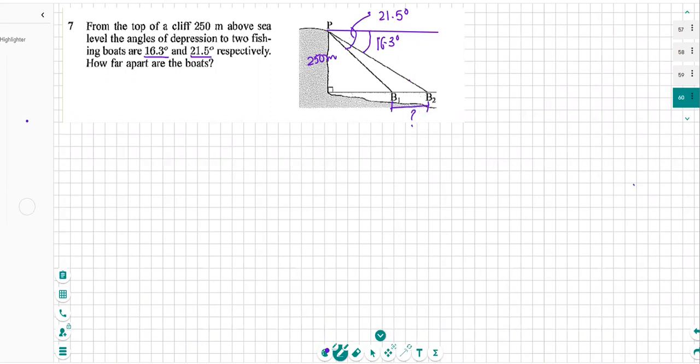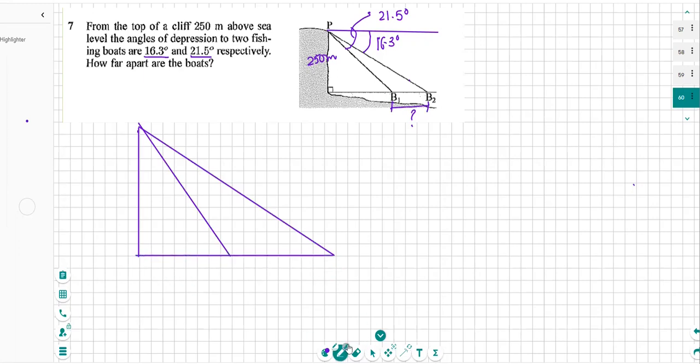I'm making this diagram again for clarity. These are the positions of the boats, B1 and this is B2, right?